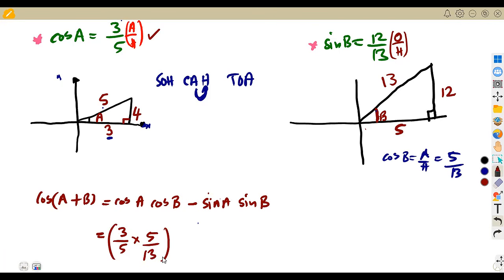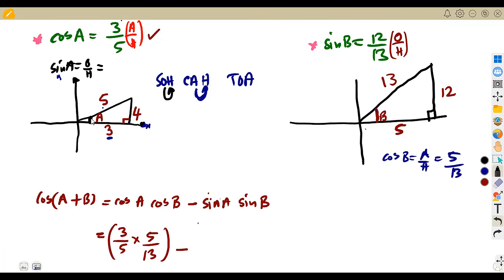So that's a single part here. Minus, you move on to the sine of A, the sine of B. So the sine of A we do not have. We've got the cosine of A. So we're going to find the sine of A from this part. Remember, the sine of an angle, it's opposite over the hypotenuse. According to our ratio, it's opposite over the hypotenuse.